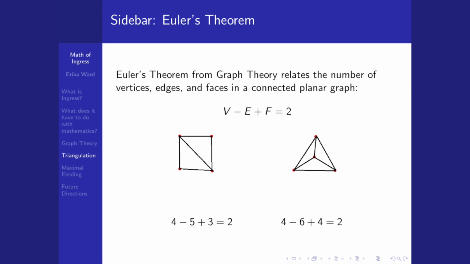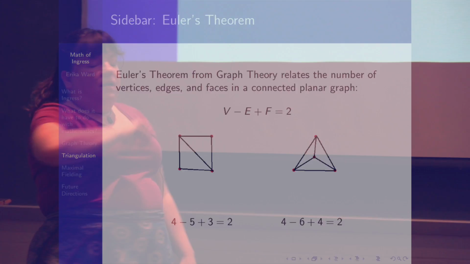And 6 minus 4 plus 4 is 2. Okay? So that's not a proof, right? That's just examples, but at least it seems to work. And there are proofs, and if you ever dig around in graph theory a little bit, it's not terribly hard to do, but it's sort of outside the scope of what we're going to do today.